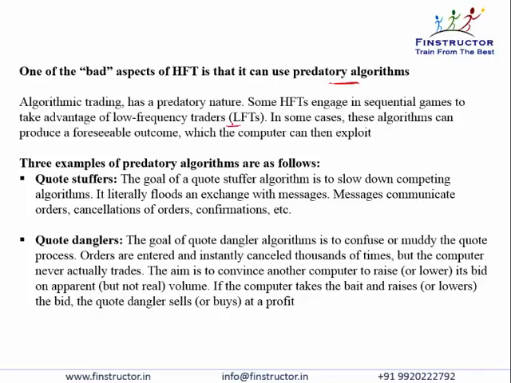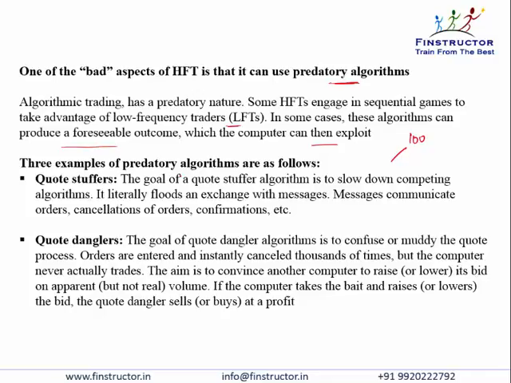So algorithms can produce a foreseeable outcome which the computer can then exploit. So if the computer predicts that there's going to be incremental buying because a low frequency trader is putting in orders in lots of 100 or lots of 1,000, then it can go and further buy this stock and drive the price even higher because it wants to exploit the outcome.